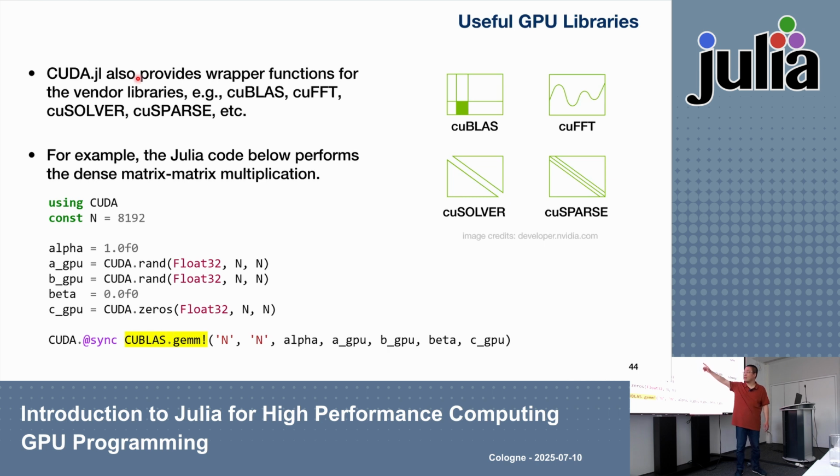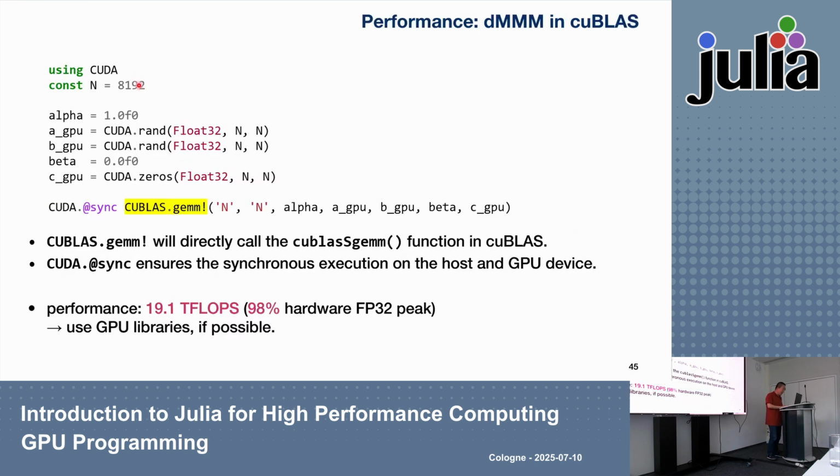To use it, you start with a CuArray on the GPU, and then just call cuBLAS general matrix multiplication, and then it's done. And this will call the cuBLAS library directly.